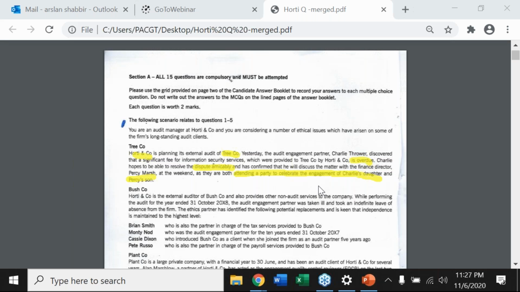There is a self-interest threat, but it is due to the result of overdue fees, not due to the nature of audit work. Now, I will explain each and every option which is given in the answer.